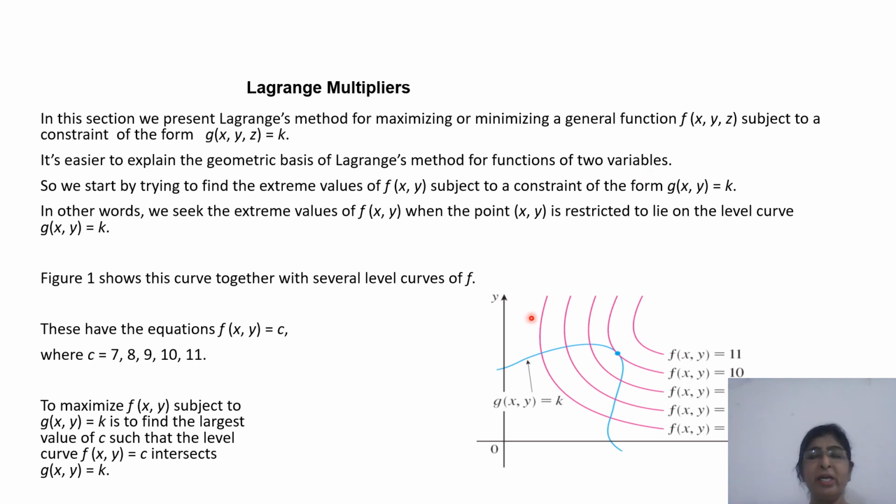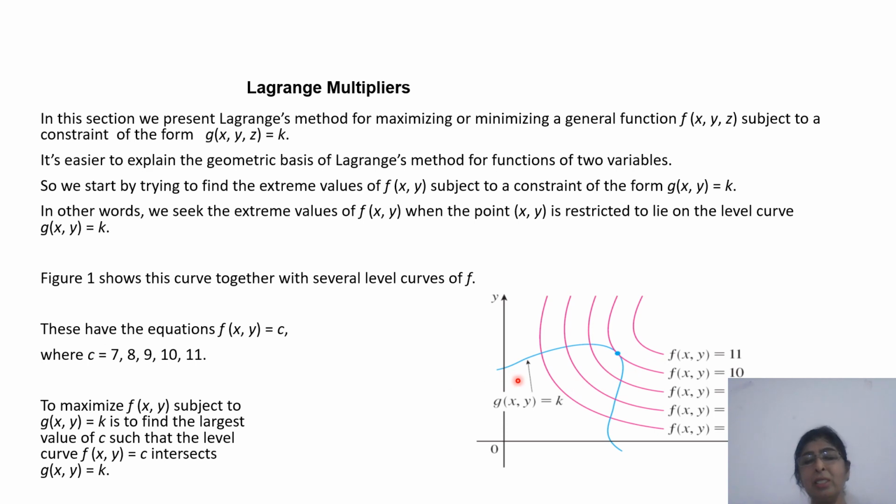So what we did, we drew the level curves for the equation f(x,y) = c, where c varies from 7, 8, 9, 10 and 11. So for c = 7 I have this level curve, and then for c = 8 I have this level curve, this is for c = 9, this is for c = 10, this is for c = 11.